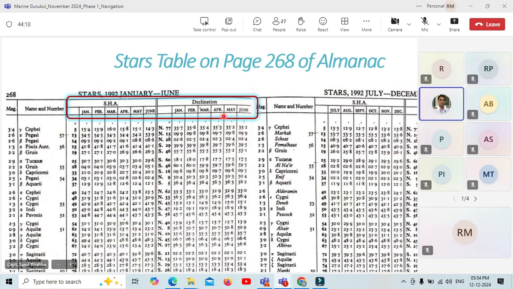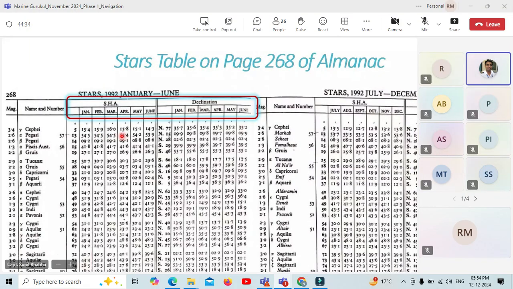So that's why in this particular table, the degree value of SHA is mentioned in the beginning, and the minutes are mentioned under each and every month. The change in SHA happens only in the minutes. The degrees usually do not change.